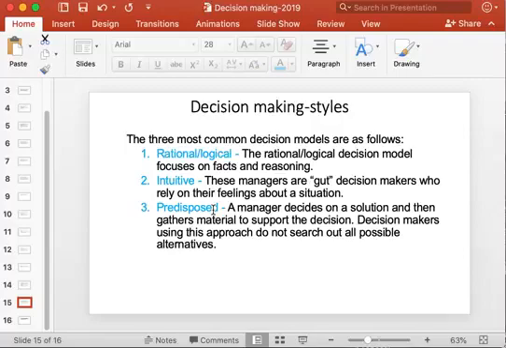In the predisposed decision making style, a manager decides on a solution first, and then tries to gather materials to support the decision.